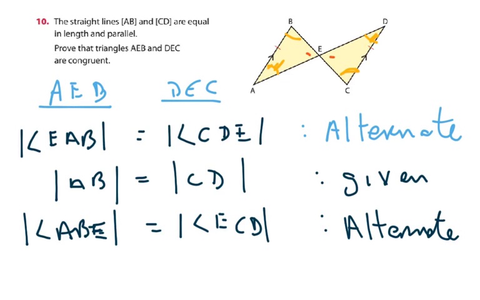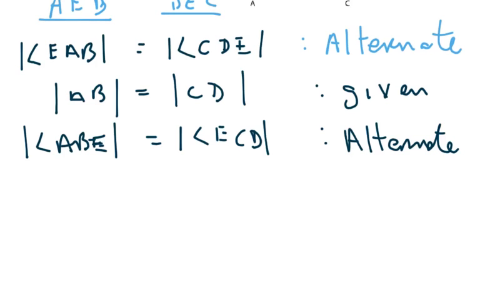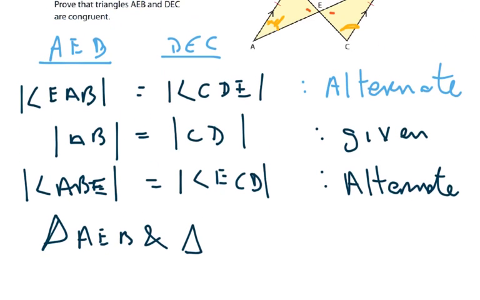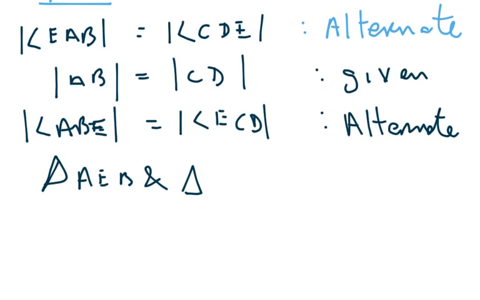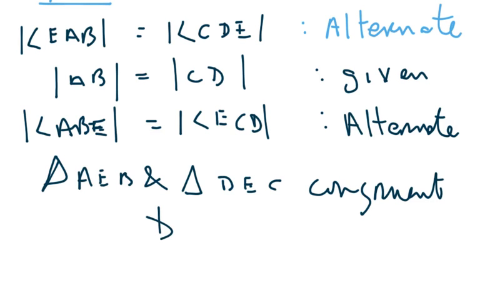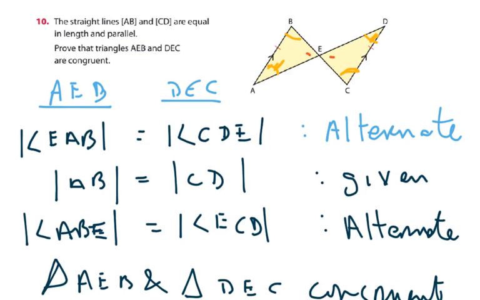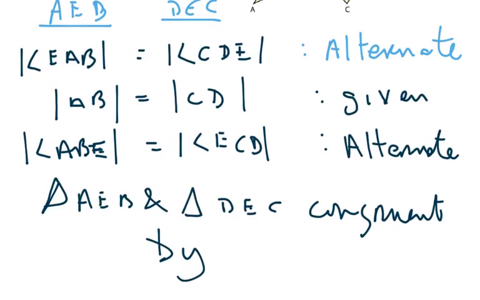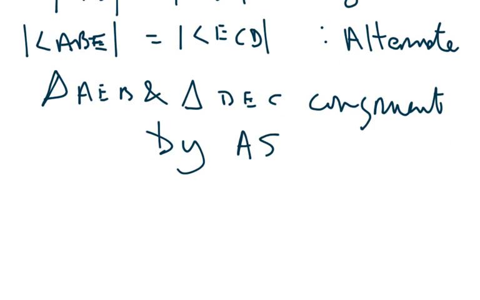So we've now shown that our triangles are congruent. So the triangle AEB and triangle DEC are congruent by ASA. Okay, hope that helped.